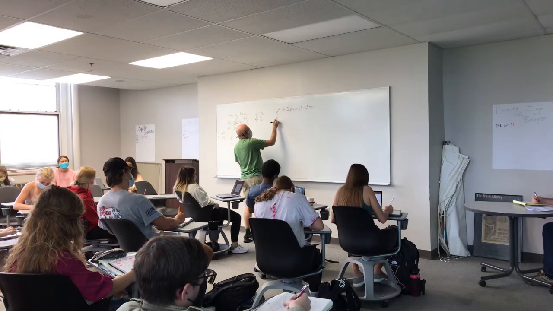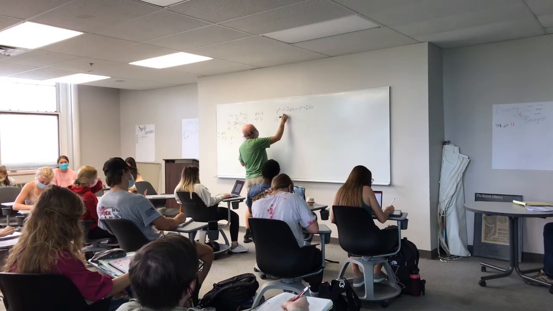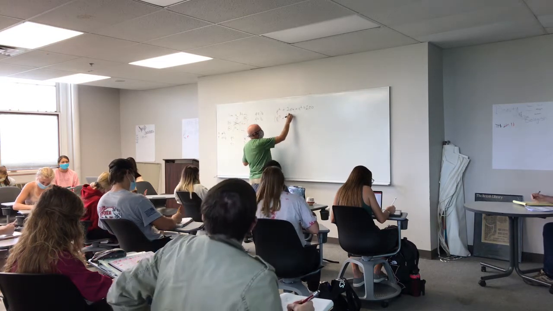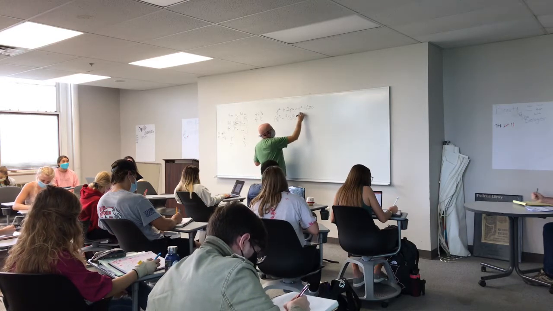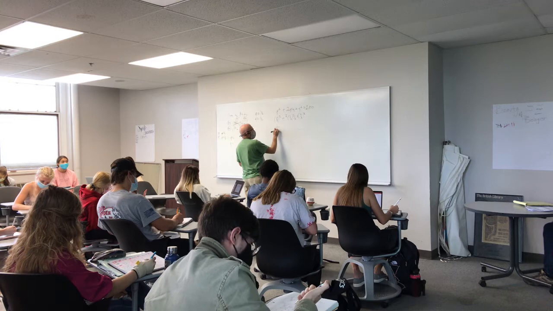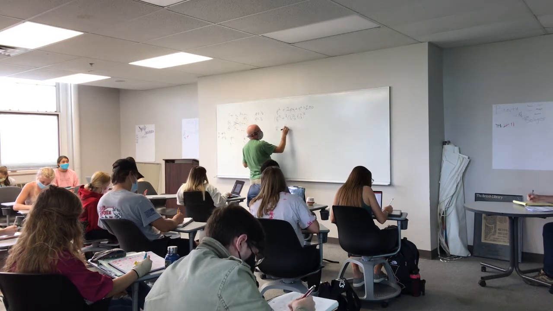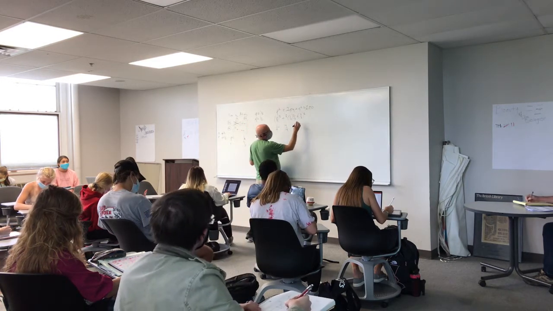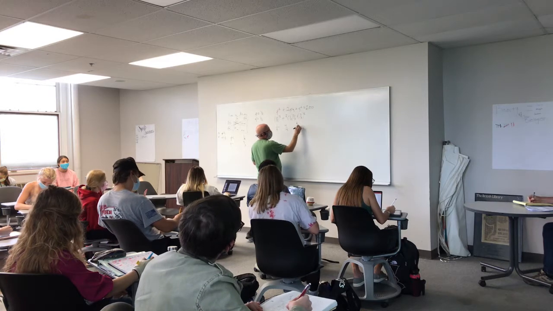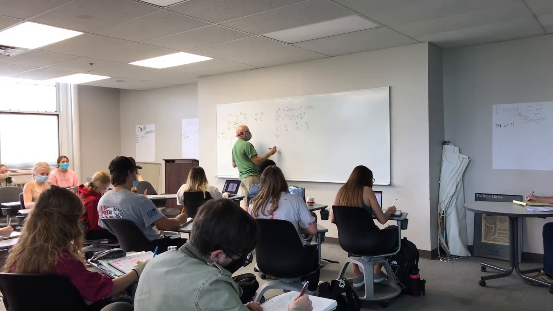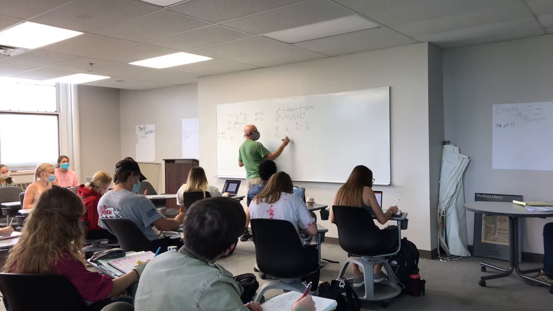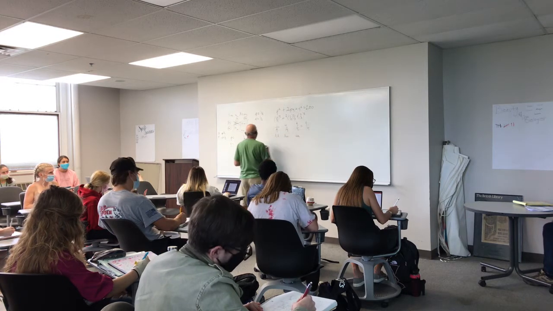P is 1/3 squared plus 2 times 1/3 times 2/3 plus 2/3 squared. 1/9, 4/9, and 4/9 should equal 9/9. This is the frequency of the homozygous dominant, frequency of the heterozygous, and frequency of the homozygous recessive.